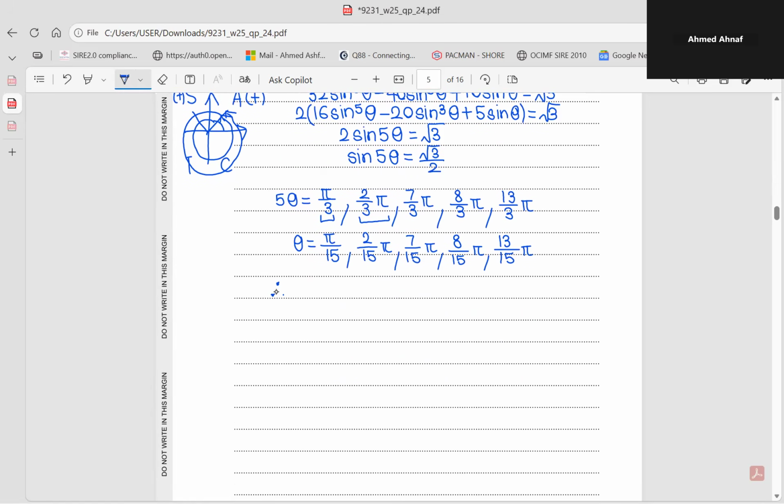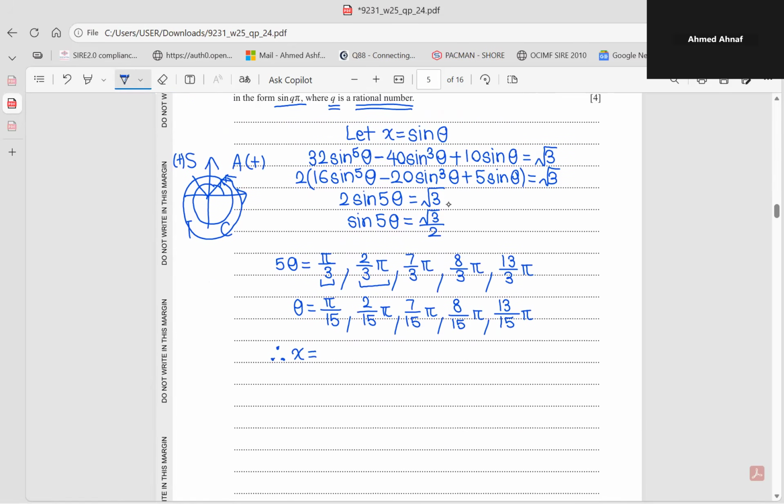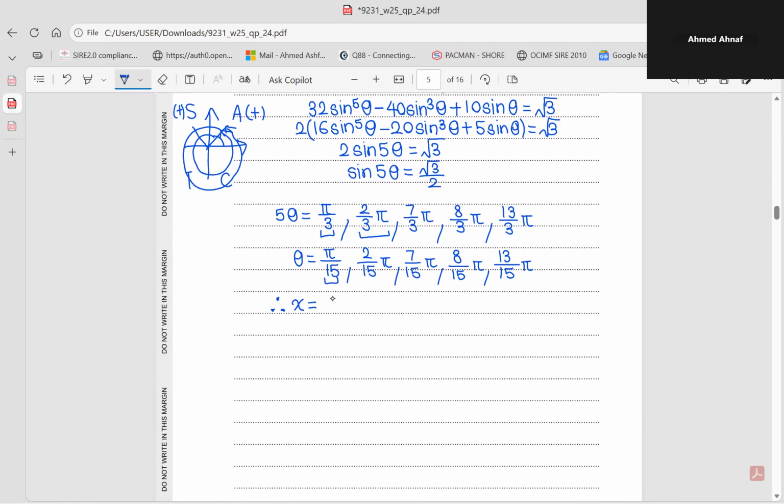So therefore, we can write down the values of x. We know that x is sine theta, so we just have to substitute these values into sine theta.